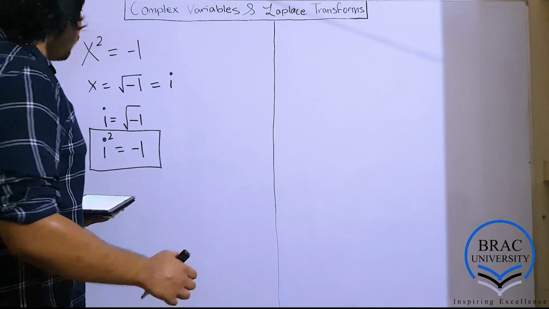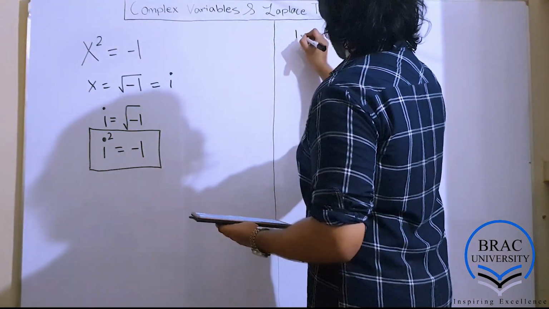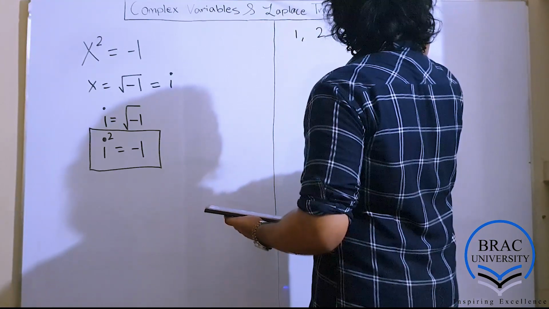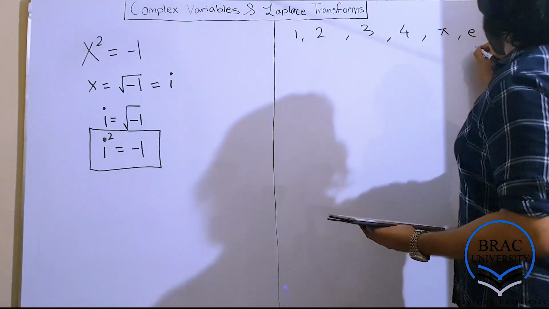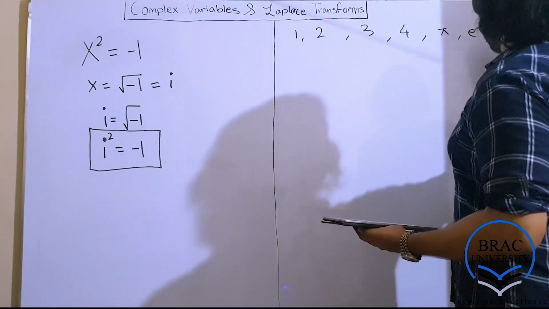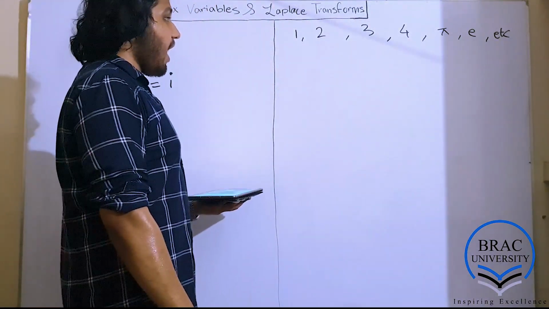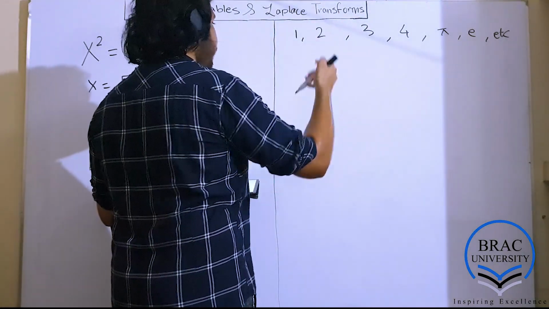Now, we know already that real numbers come in the form 1, 2, 3, 4, pi, e, etc. An intuitive way of understanding what real numbers are is to take, for example, the number 2.